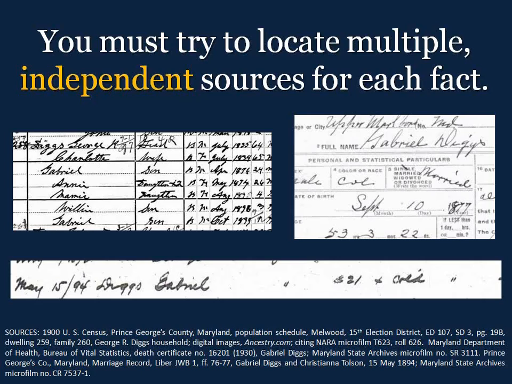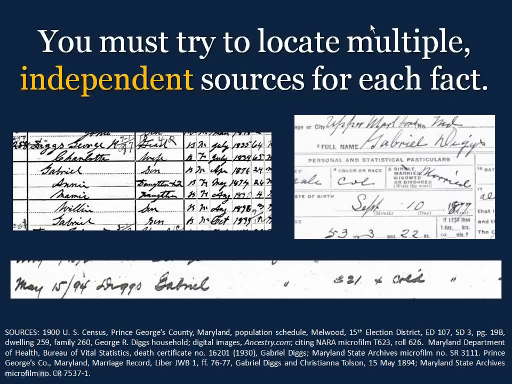The document directly to the right of that is from his death certificate, and it provides his date of birth as September 1877. Quite a bit of difference between those 2 records. At the bottom there you see his first marriage. This was in 1894 and he was 21 years old.